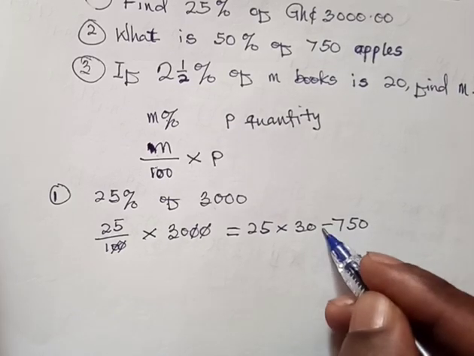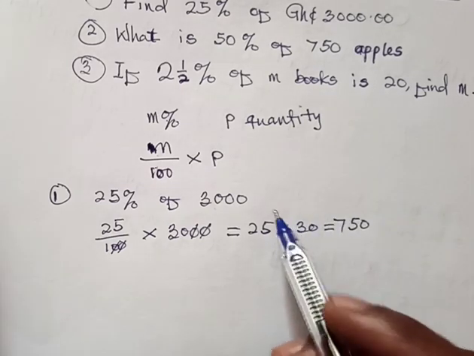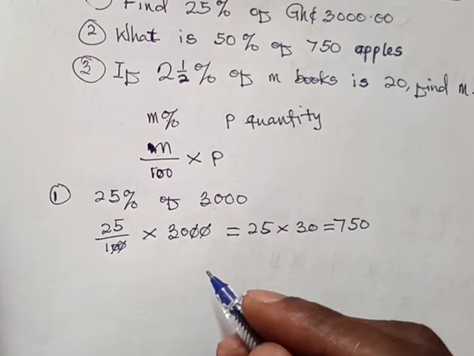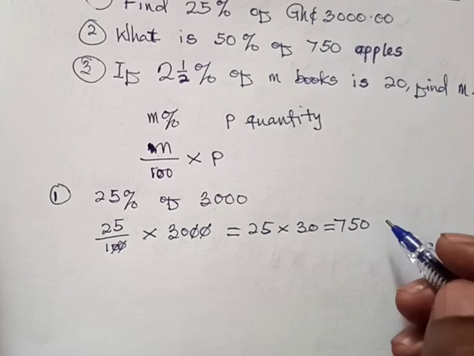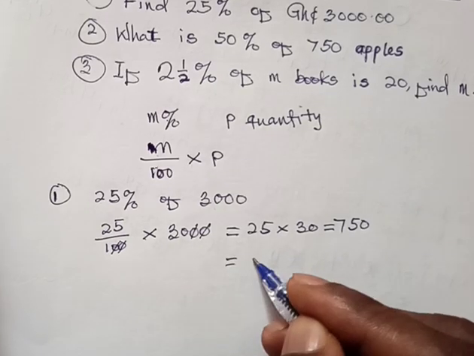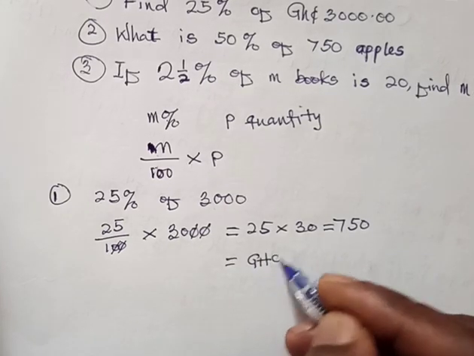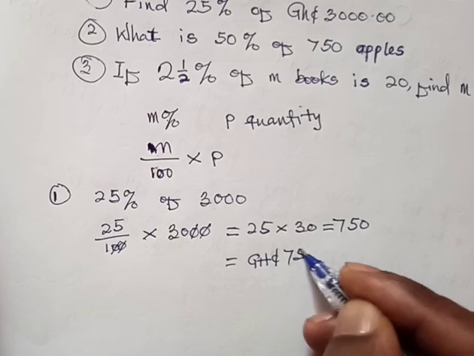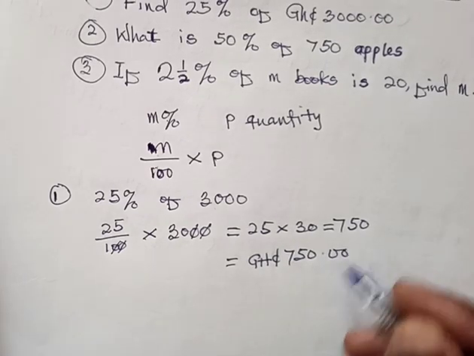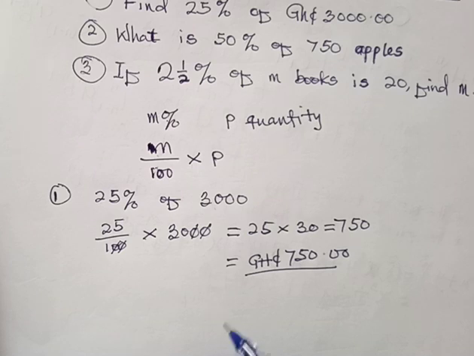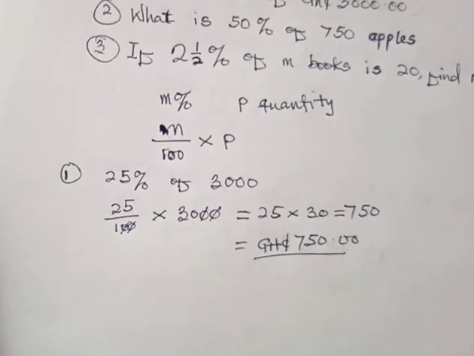But because it is in Ghana cedis, we write our final answer as 750 Ghana cedis. So this is very basic. Now let's look at our second example.